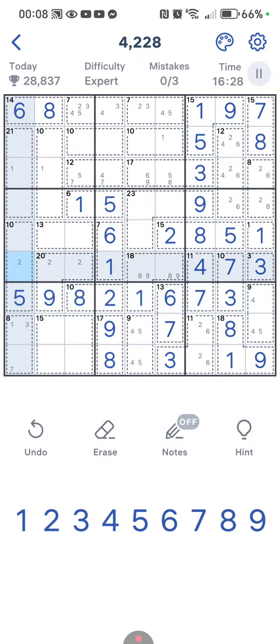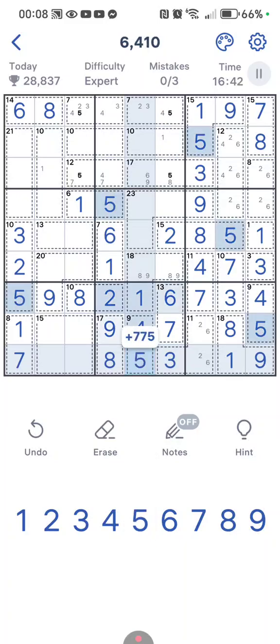So this has to be 2, has to be 3, because it's the only place that those can go. 1 and 7, 4 and 5, 1 and 2, 3 and 3, 4, and 2 and 6, because there's nothing coming along to contradict those. 2 and 6.